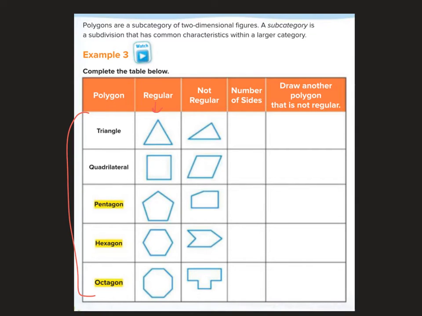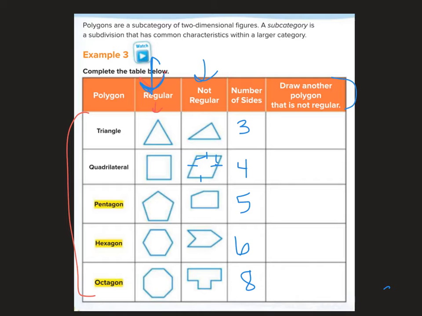Equal sides, equal angles. Regular. So this column right here is all the regular polygons. These ones are not regular. If they don't have the exact same size and the exact same angles, like this is a rhombus. It has equal sides, but are the angles equal? No, so it's not regular. Triangles have 3 sides, quadrilaterals have 4, pentagons have 5, hexagons have 6, octagons have 8.